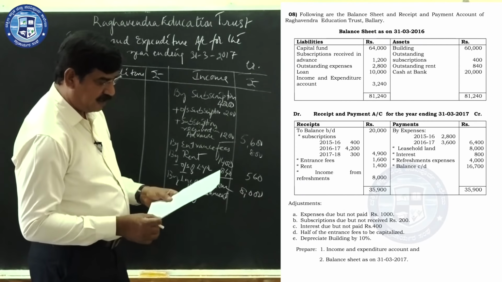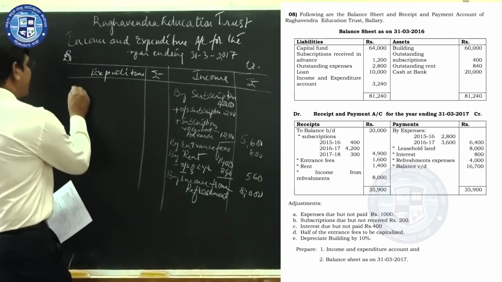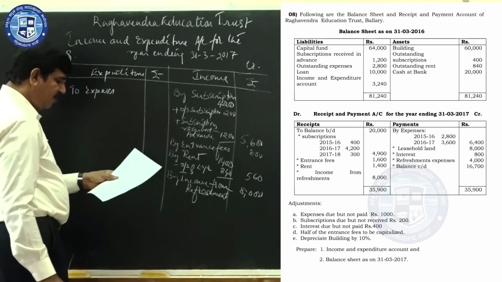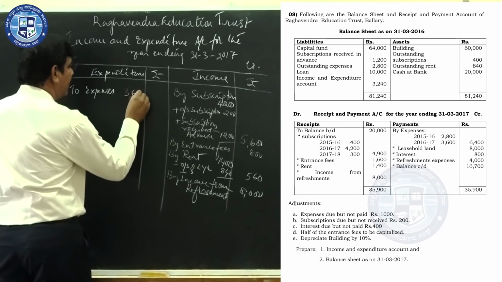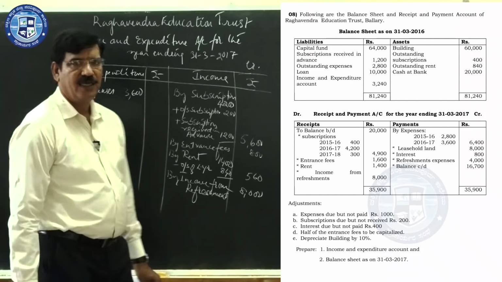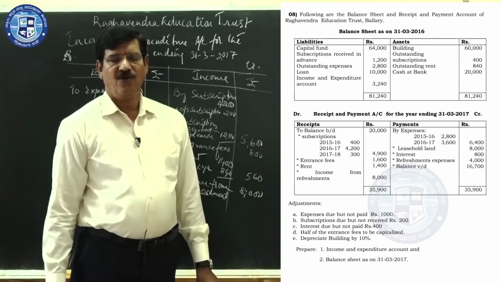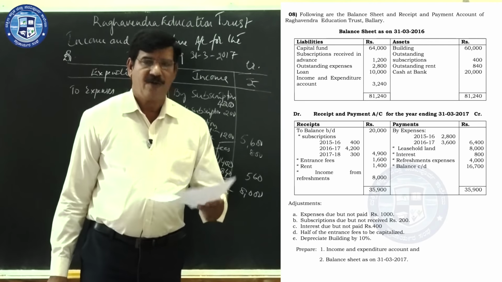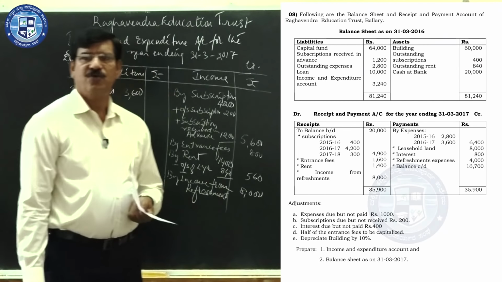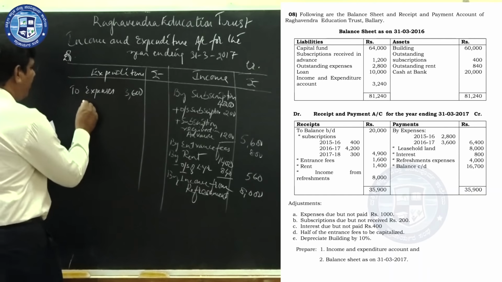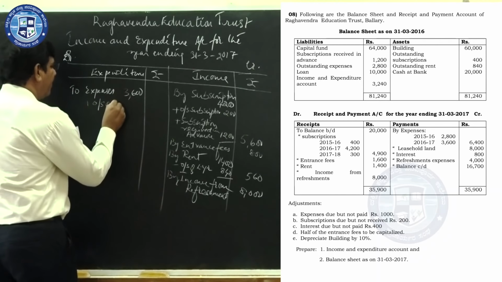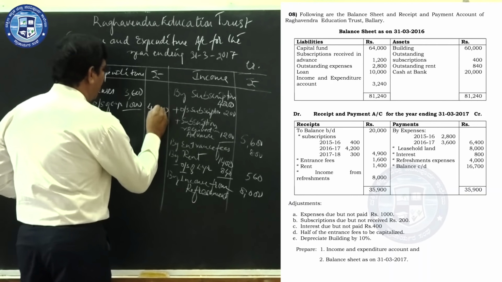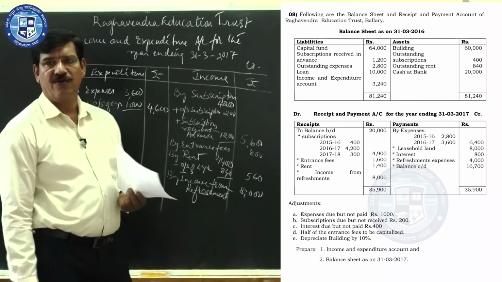2016 and 17, 3,600 is there. So write that. By expenses 3,600. For this you have to see, is there any outstanding in the adjustment? So expenses due but not paid 1000. So plus outstanding of current year 1000. So in the outer column 4600.